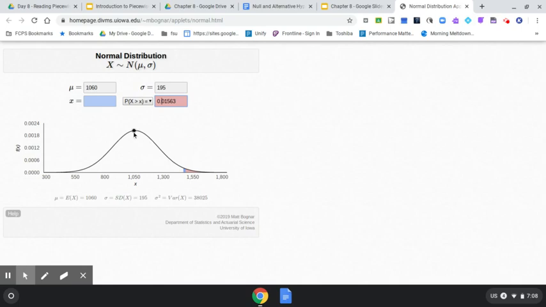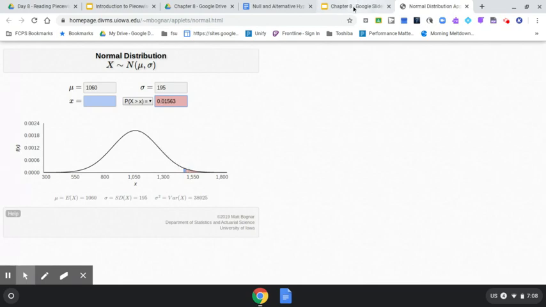Wow, Oakdale does really seem to be above the national average. As that probability decreases, as we move further to the right, we have increasingly strong evidence to say that that school is above the national average. So with only a probability of 2%, Oakdale, I think we are above the national average.